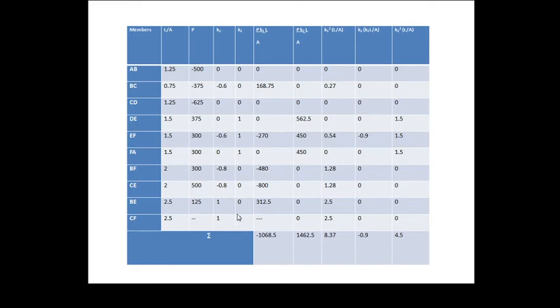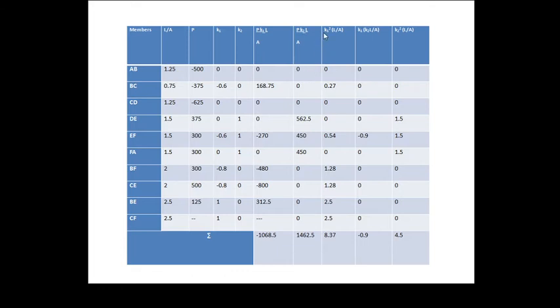Then P, that is P minus 500 into 0 into L divided by area, that is 6000. We are getting 0. Anything multiplied by 0 gives 0 here for AB. Then similarly for PK2 L by A, K2 is 0, therefore all multiplied by 0 is 0.